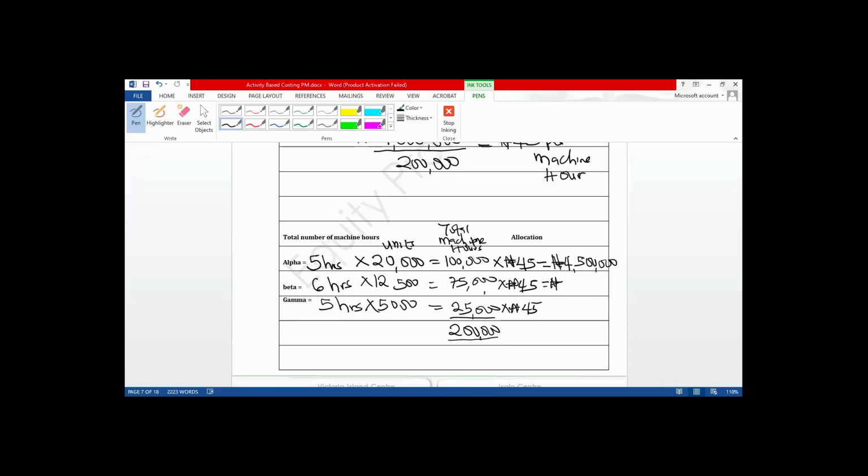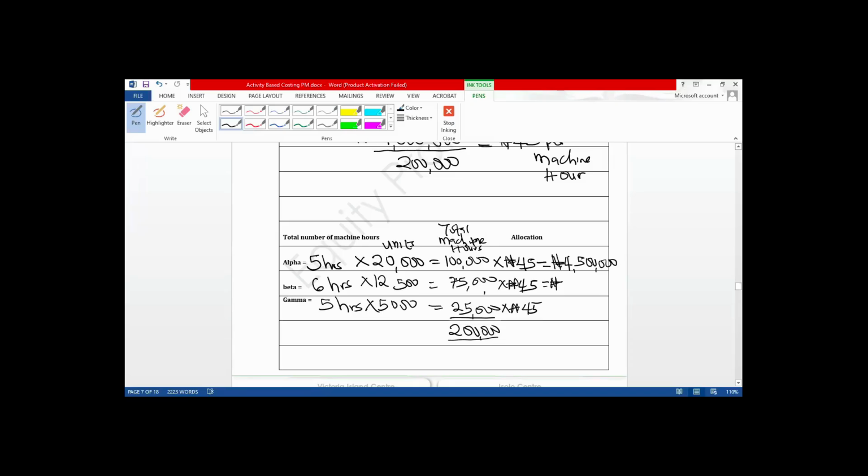But you are still going to come back here. I need to now allocate. Out of this 9 million, how much are you going to give Alpha? Out of this 9 million, how much are you going to allocate to Beta?